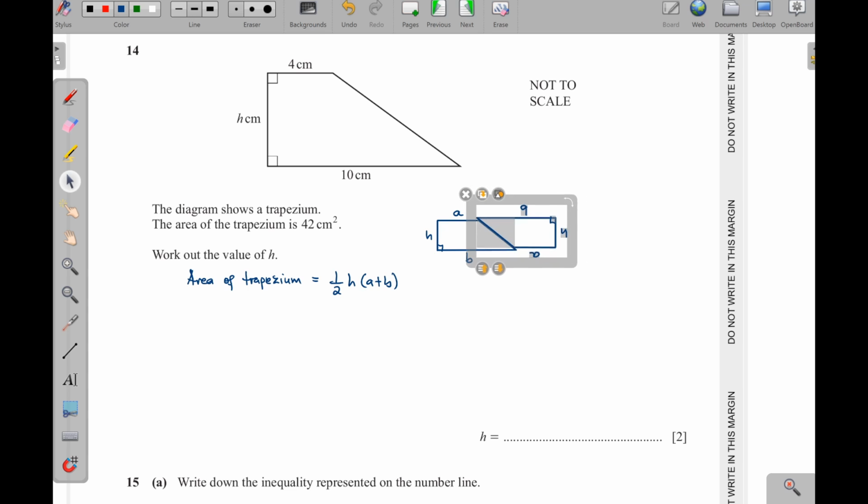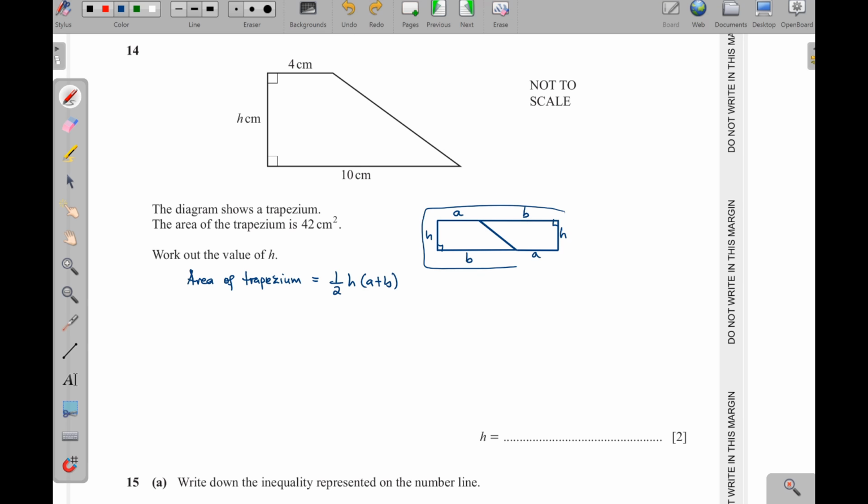So if I shift it and then put it here, do you see that when I do so, you can see that this is my b, this is b, this is a, this is h, b, a, and h. Now you can see that these two are added together.